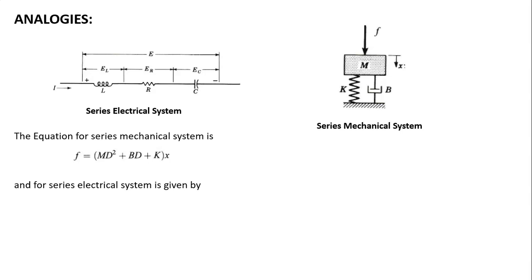Similarly, the equation for series electrical system is given by E is equal to (LD square plus RD plus 1 upon C) into Q.